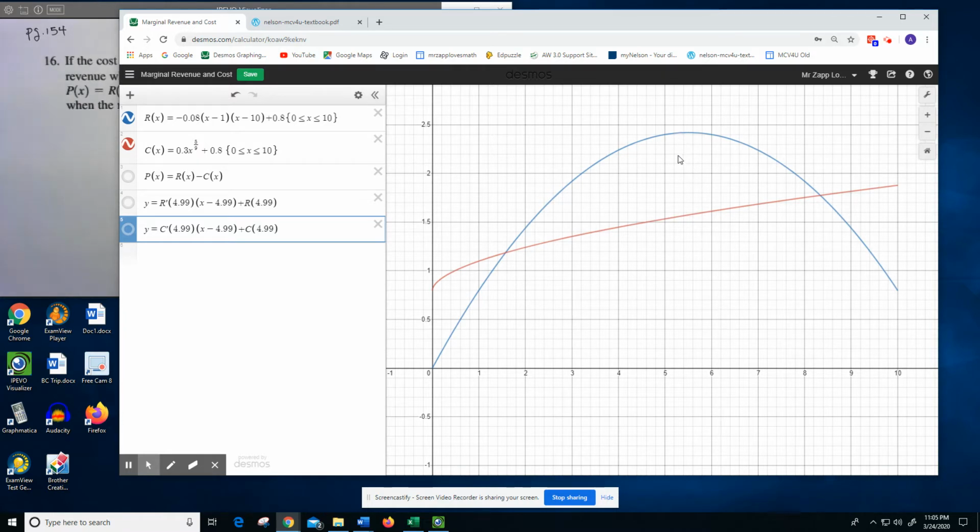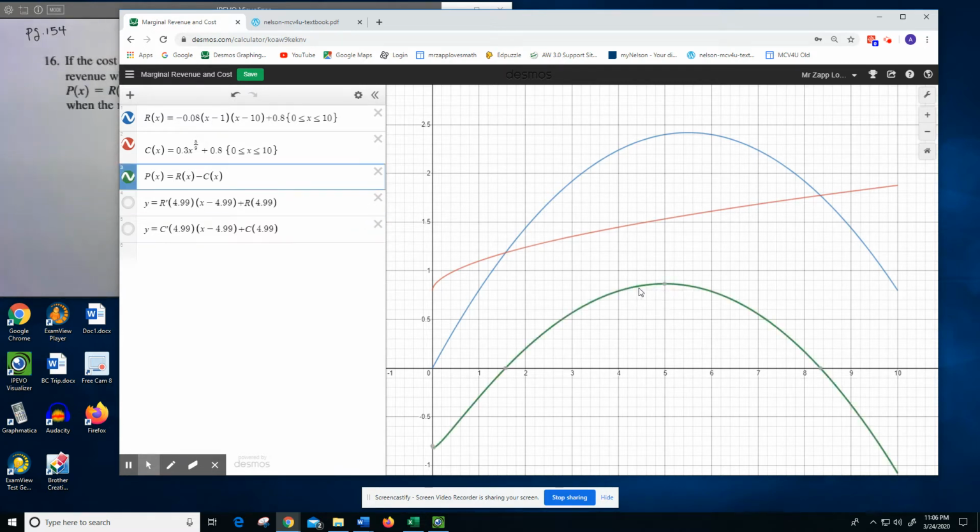It kind of looks like it might be somewhere there. In fact, if we plot the profit function, we see that it wasn't too far off. It looks like it occurs at 4.99, where this distance between the revenue and cost functions is at its maximum.